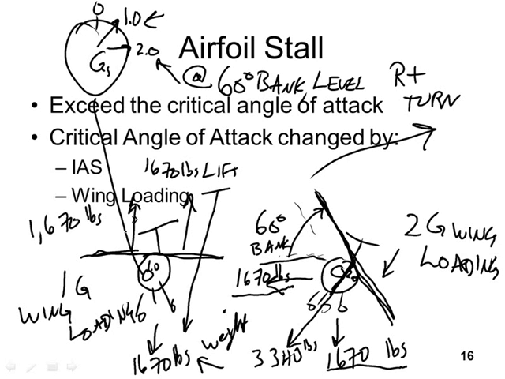So wing loading is total weight and centrifugal force that the wing has. In a turn, the greater the bank of the turn, the higher the wing loading. And then guess what? If this wing has to generate twice as much lift, stall sooner.